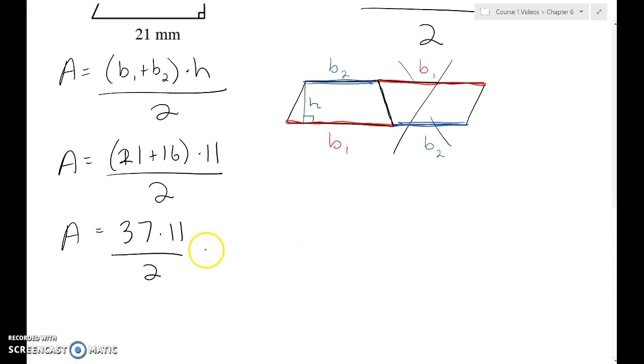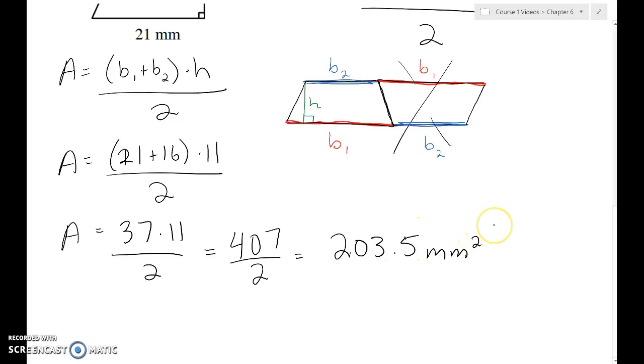And this is going to be equivalent to 37 times 11, which is 407. And if we divide 407 by 2, I get 203.5 millimeters squared, or square millimeters.